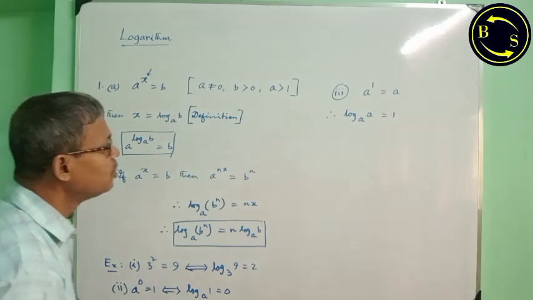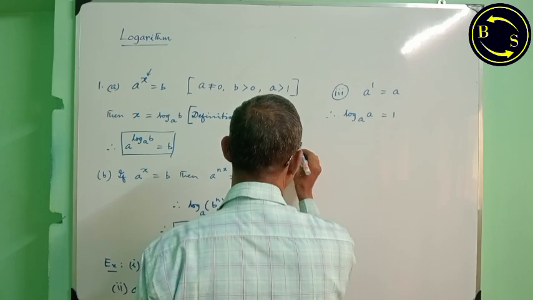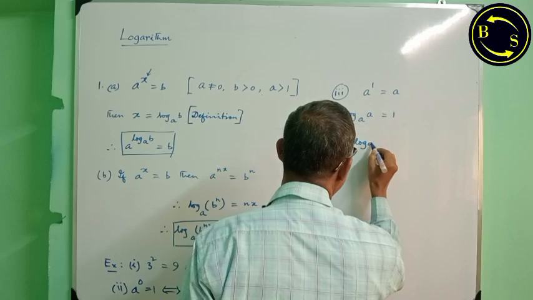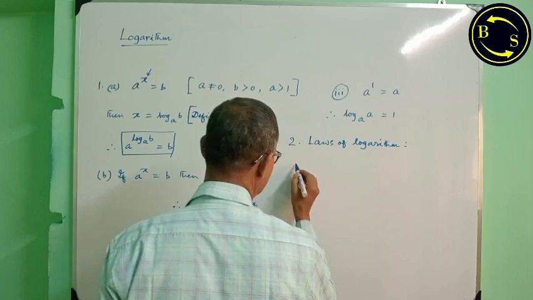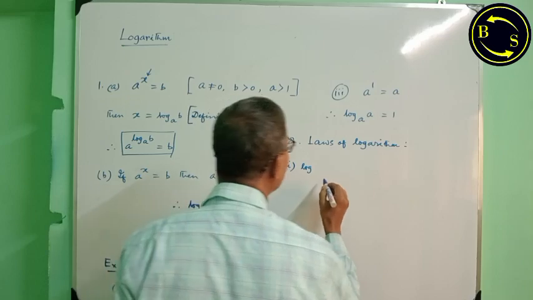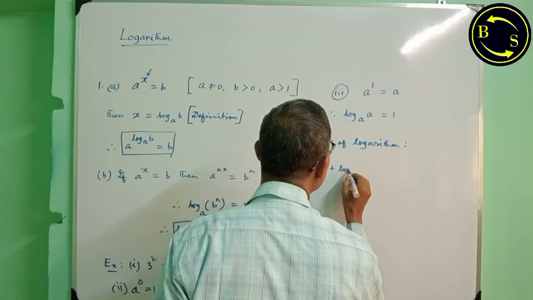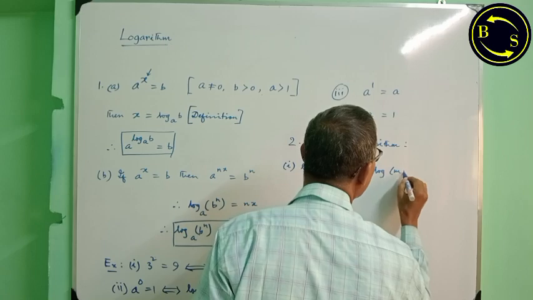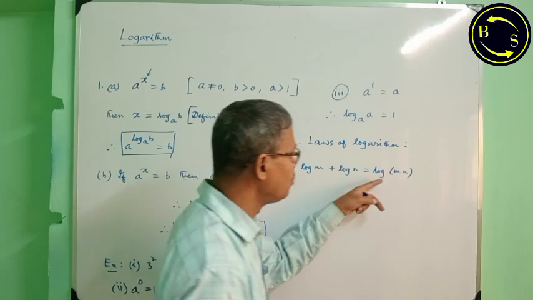Next we move to the laws of logarithm. Log of m plus log of n is equal to log of mn.